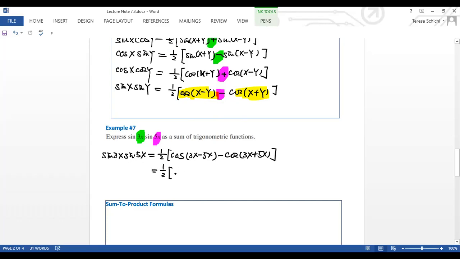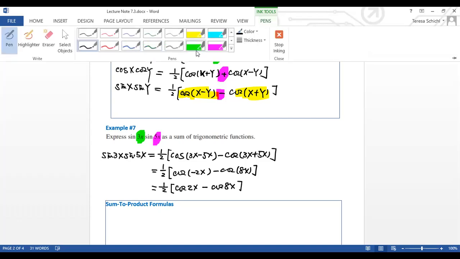So this is 1/2 cosine negative 2x minus cosine ax, right? Now we know cosine is an even function, so cosine of negative 2x will be equal to cosine of positive 2x. So minus cosine ax is here.